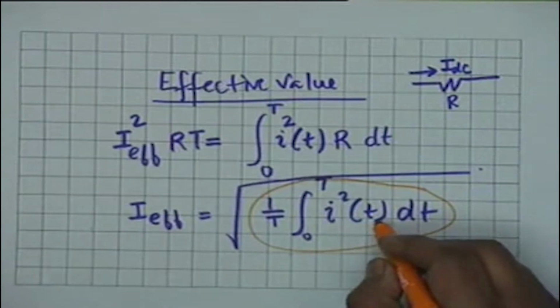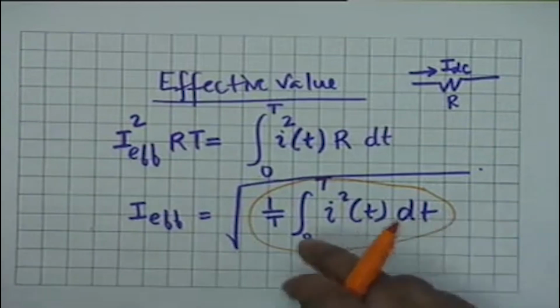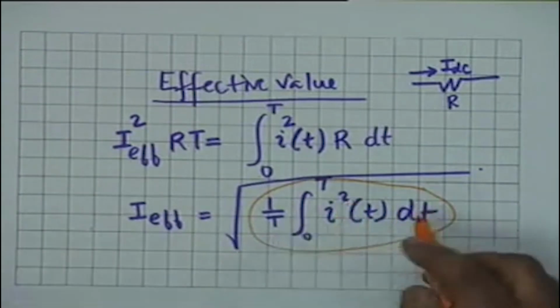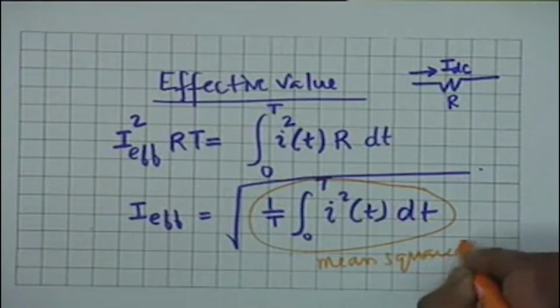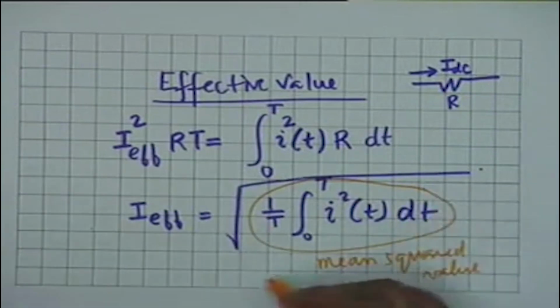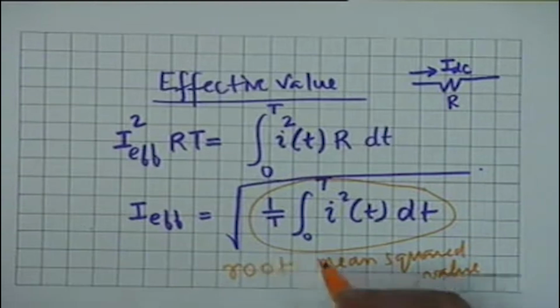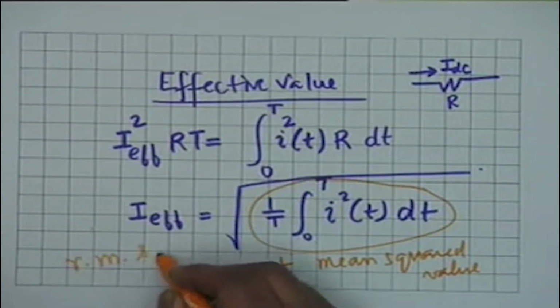of the current i. What you do is you take the area under the squared value, then you divide by the interval, therefore this is the mean squared value, and then we take the square root. Therefore I effective is the root mean squared value, simply abbreviated as RMS value.